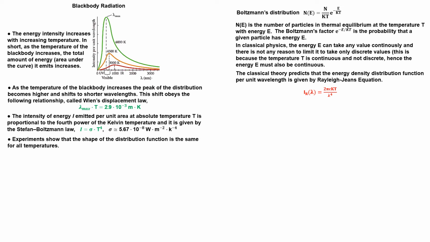The experimental curves in the figure fall towards zero at small lambda. By contrast, this equation goes in the opposite direction, approaching infinity, a result that was called in Rayleigh's time the ultraviolet catastrophe.